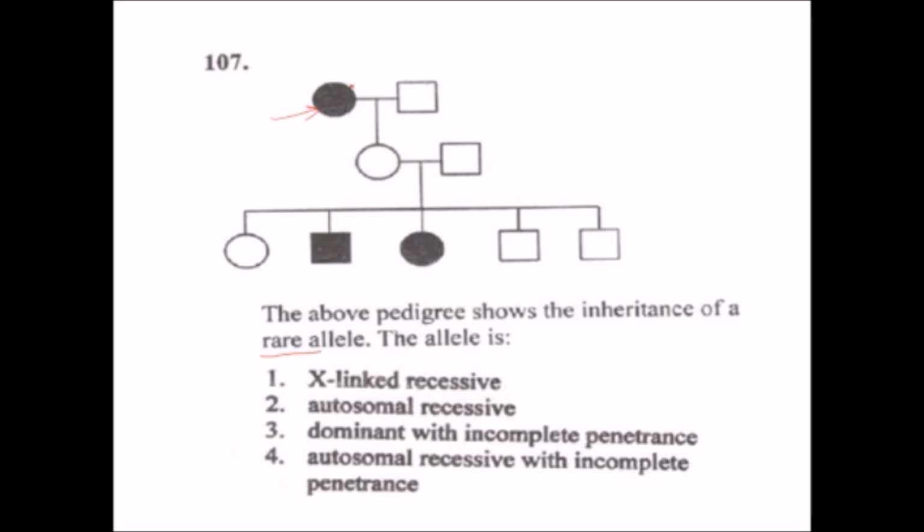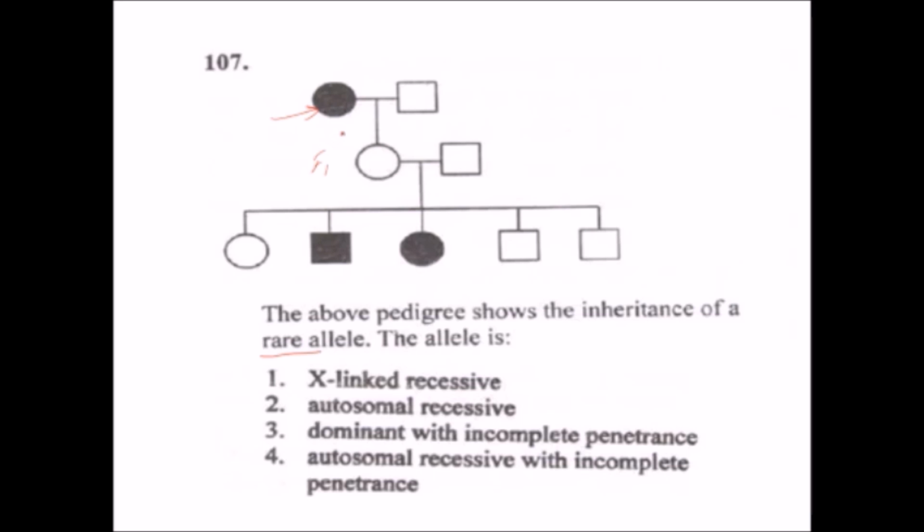So here, if it will be dominant, completely dominant, then it would have been expressed in just the F1 generation, but there is no offspring in the F1 generation that is affected. So it is definitely not dominant. But it is also possible that it is dominant with incomplete penetrance.